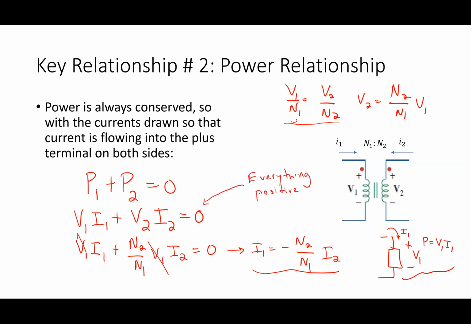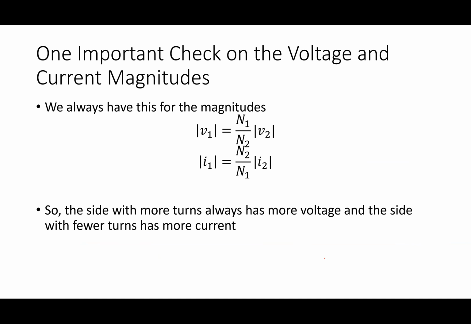Okay. So we're going to deal with that in some examples in a second, but this relationship basically gives us this relationship here, which can have a minus sign or not, based on however the polarities are drawn in the problem. The important thing that I think of typically is I look at the relationships with the magnitudes. So for the voltages, I have this magnitude relationship.